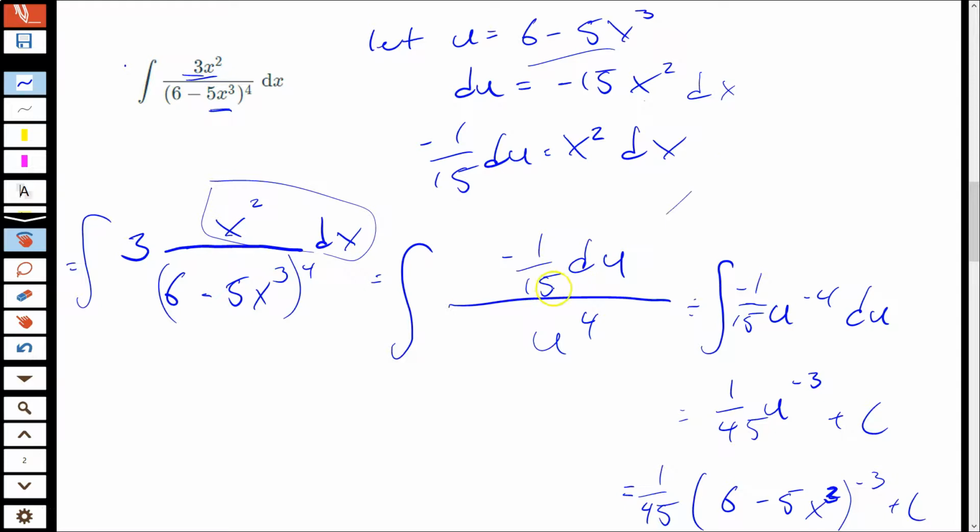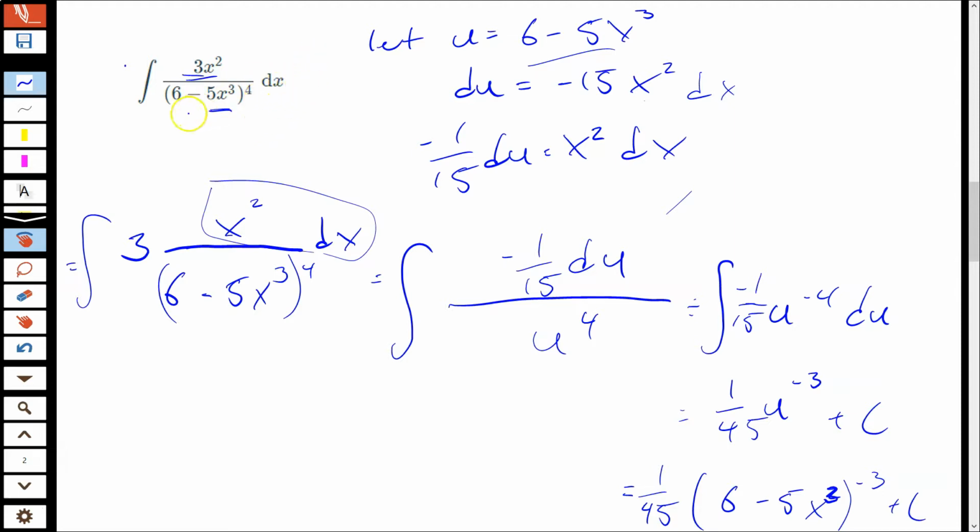Okay. So hopefully you're beginning to develop an understanding of the steps. So find u and du. So this derivative of the u that you pick needs to show up in the function as well. Otherwise you can't make this substitution because there's no way to substitute out this dx.